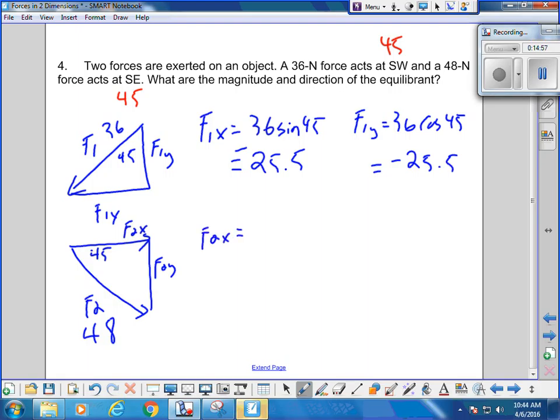F2x here is going to be 48 adjacent cos 45. Somebody help me out. 33.94. 33.9, we'll say. And that's to the right, so it's going to be positive.